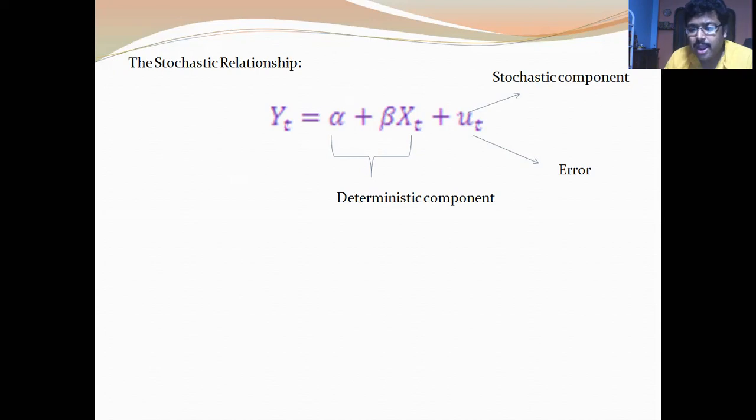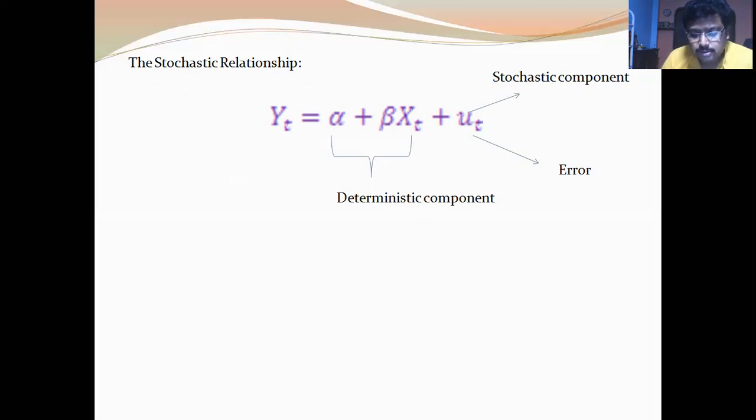Why should we add an error term u in this relationship? What is the role of ut in this relationship?